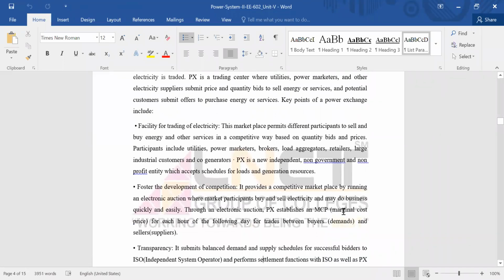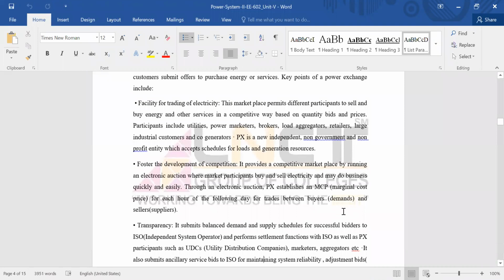It will provide a competitive market by running an electronic auction where market participants buy and sell electricity, so business is done quickly and easily. In the electronic auction, the marginal cost price is set for each hour of the following day between buyers and demands. Then transparency, that is the independent system operator.